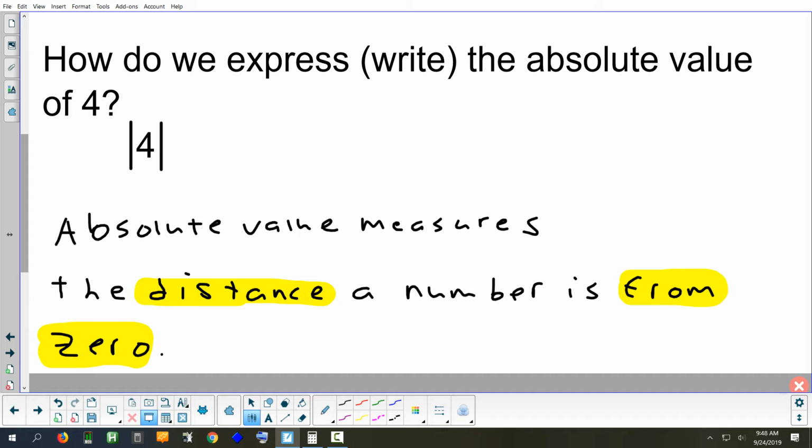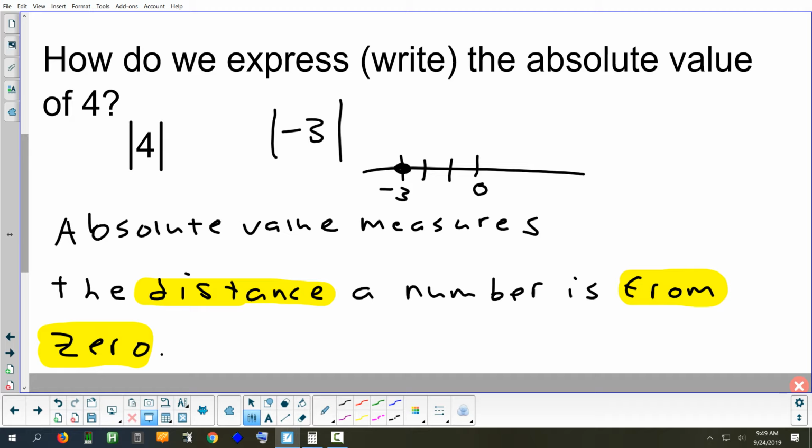So what do you think that means about absolute value? If it measures distance, distances can only be what kind of numbers? Positive, right? Distances can only be positive. So anything that you put inside these bars automatically turns positive. So if you put in something like absolute value of -3, if you think of it on a number line, you're right here.